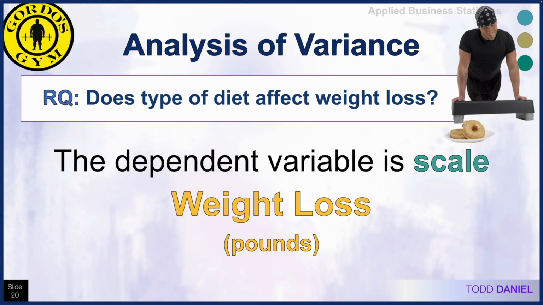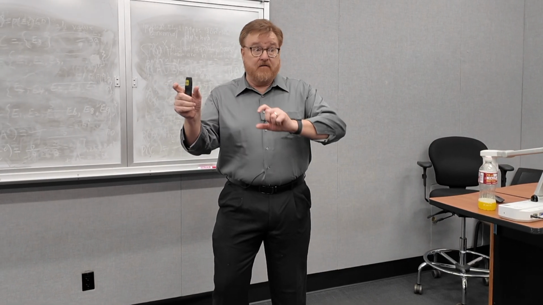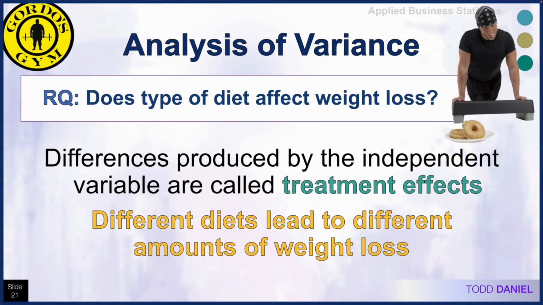The dependent variable is that scale level, so in our case it'll be weight loss. What we are interested in is whether type of diet affects weight loss. We have effects of each type of diet that we will call treatment effects. Different diets, levels in our factor, lead to different amounts of weight loss, measured in pounds, which is our dependent variable.